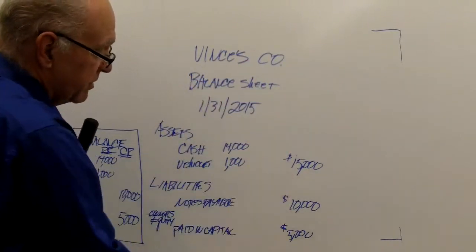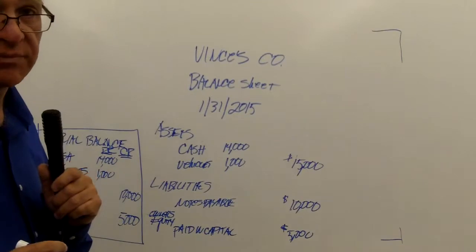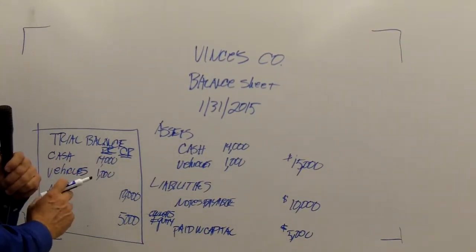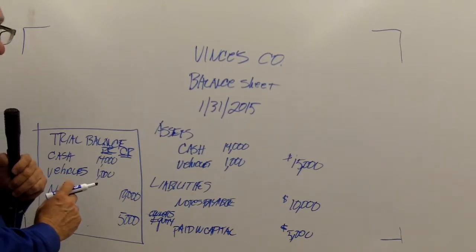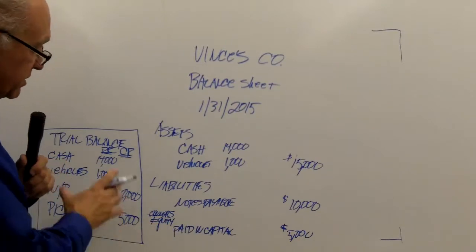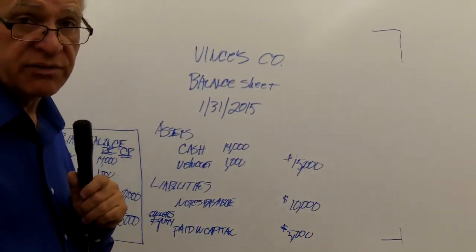On this statement, we see that my assets equal my liabilities plus owner's equity. You can see how we built that from the trial balance. I could have not stopped to have done a trial balance and just extracted these totals from the accounts. The trial balance makes it easy for me to extract this information.